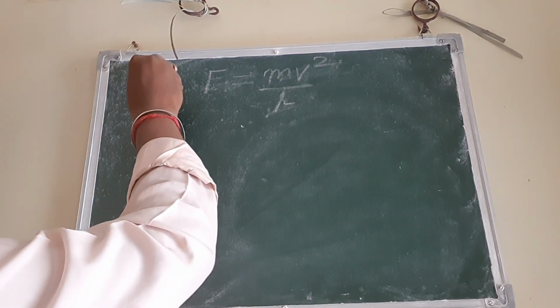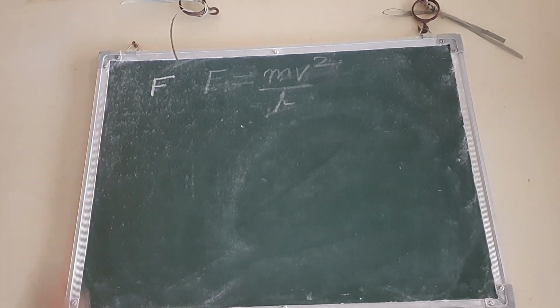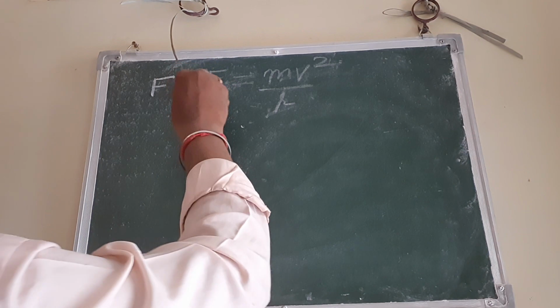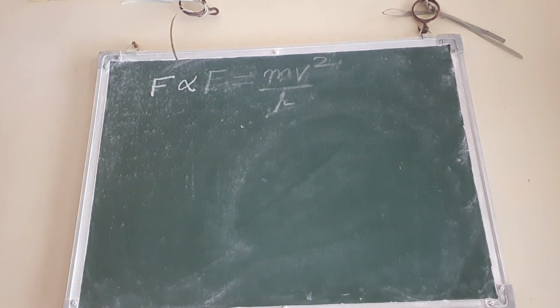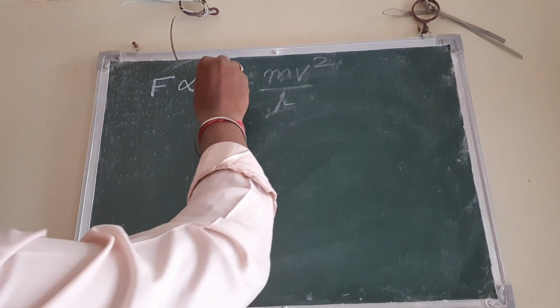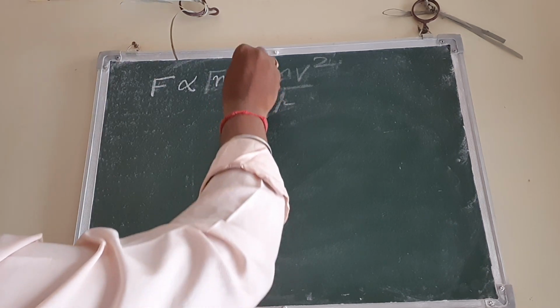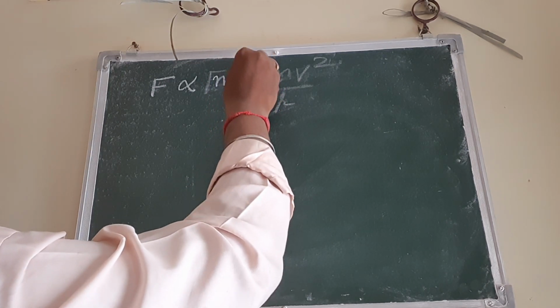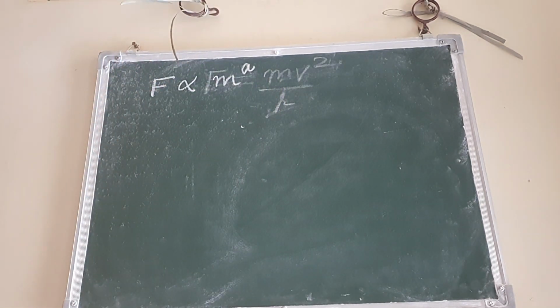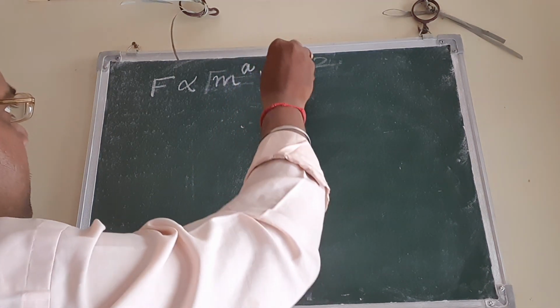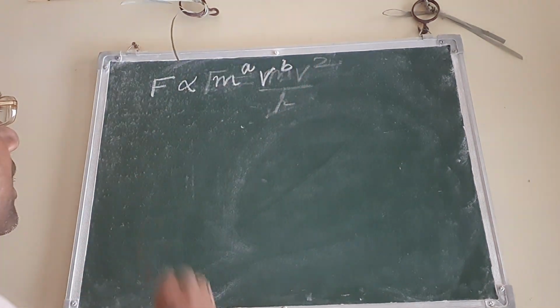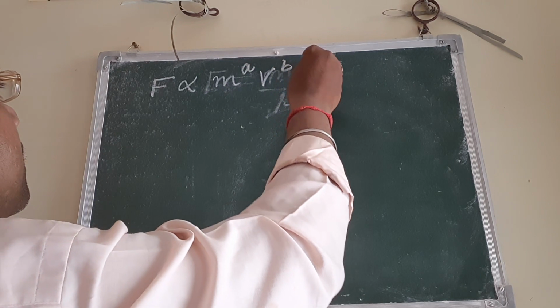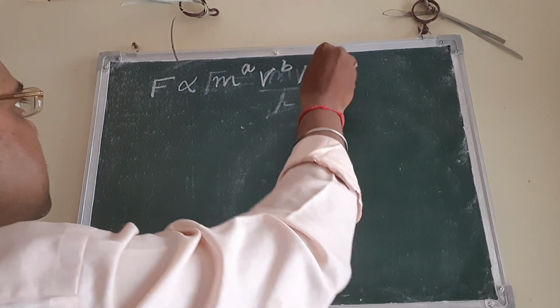F is the force that is being applied. It is directly proportional to the parameters of this formula, that are mass raised to a constant that is a, velocity v raised to a constant that is b, r raised to a constant that is c.